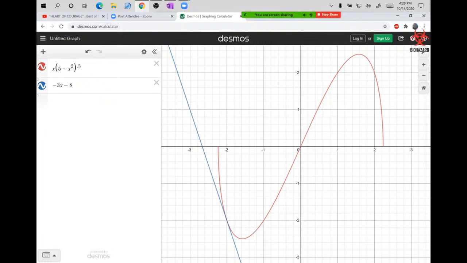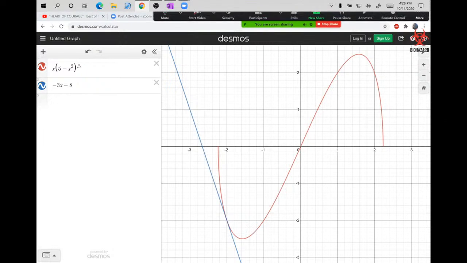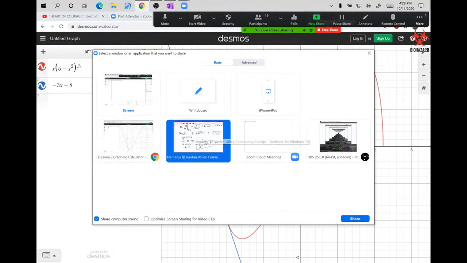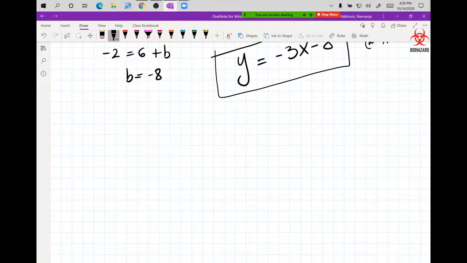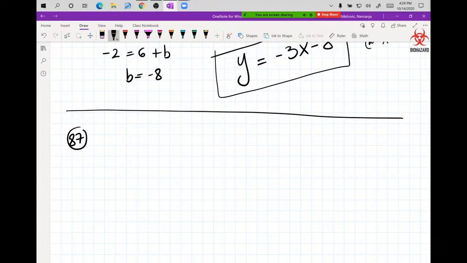So one more problem, and that's it. So let's go back with the share to our notes over here, and let's take a look at one more. Let's go with problem 87. It doesn't really matter.